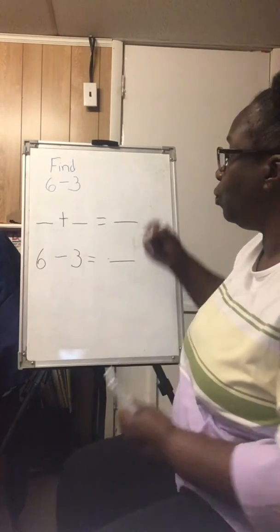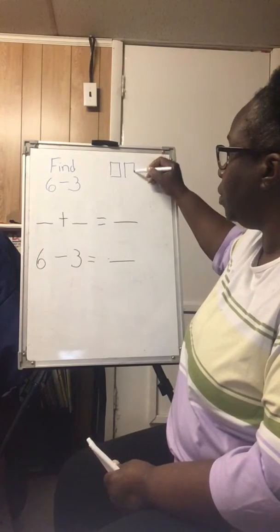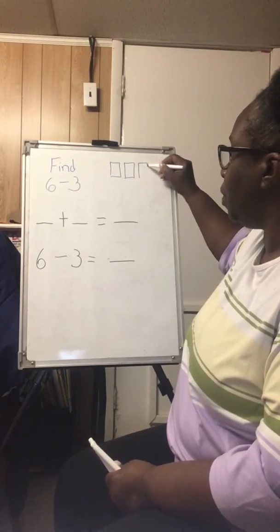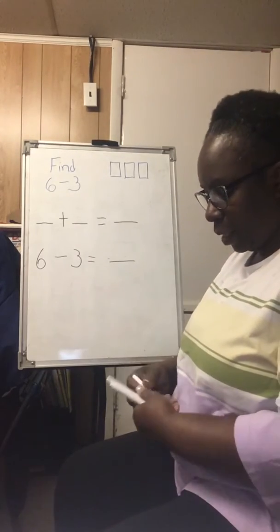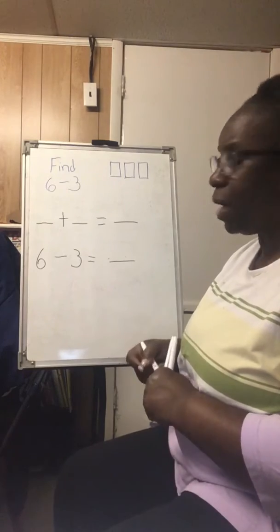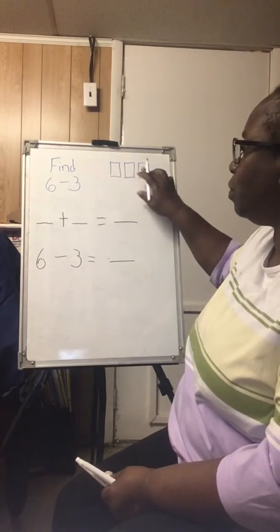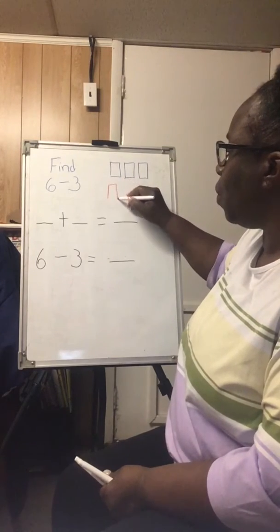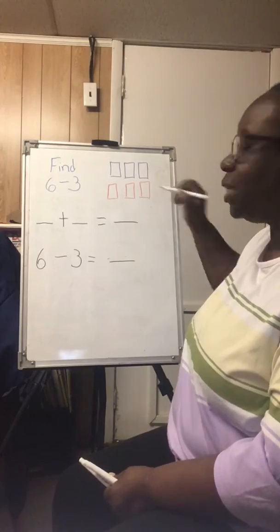So let's do 3 blue blocks. 1, 2, 3. Because we know we are going to use that number 3. And let's see how many red blocks we're going to put up. So I'm going to add on from there. So it's 1, 2, 3, 4, 5, 6.